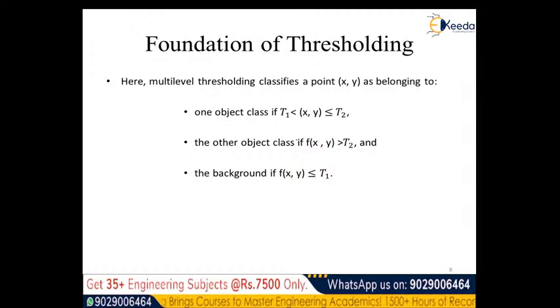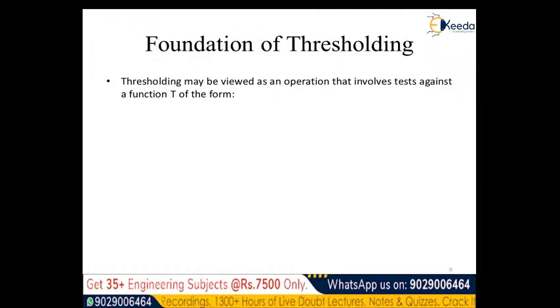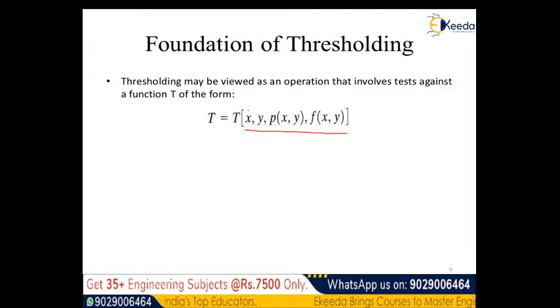In general, thresholding can be viewed as an image processing operation that involves tests against a function of the form T. Mathematically, this capital T is operated on the factors represented inside the bracket: first the small x, then the small y.